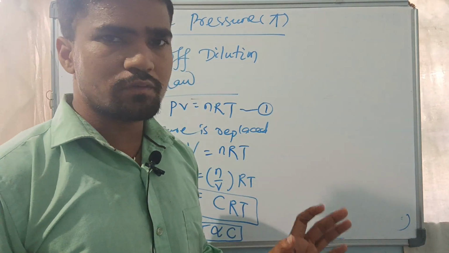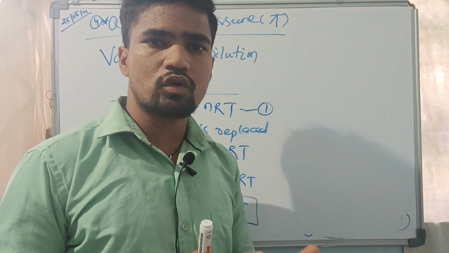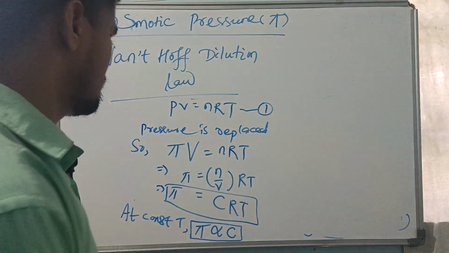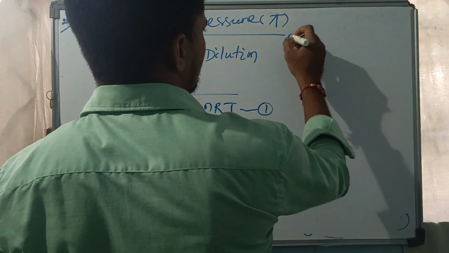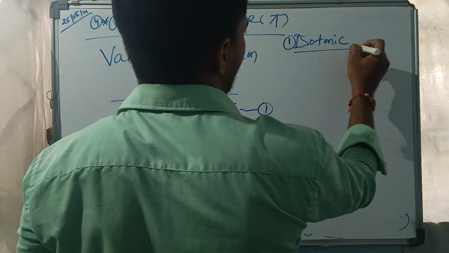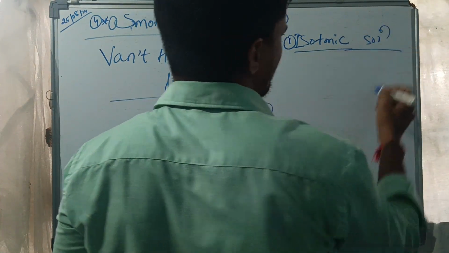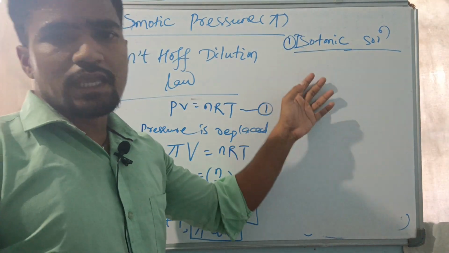On the basis of osmotic pressure, solutions are also of different kinds: isotonic, hypotonic, hypertonic. Let's understand. Isotonic solution means solutions that have the same osmotic pressure.